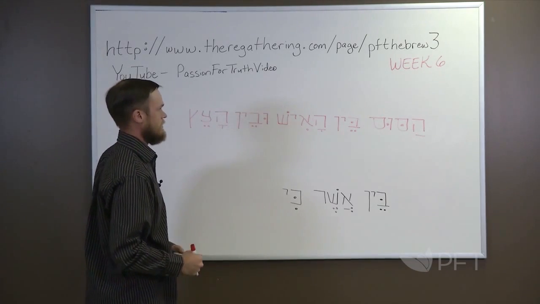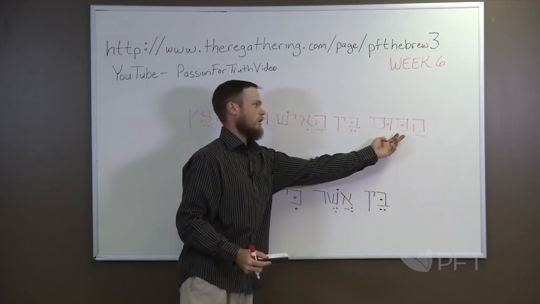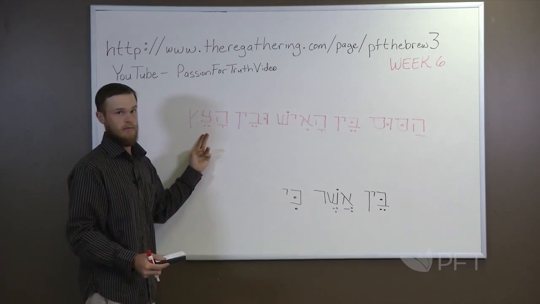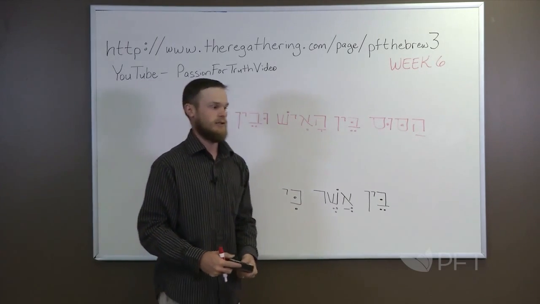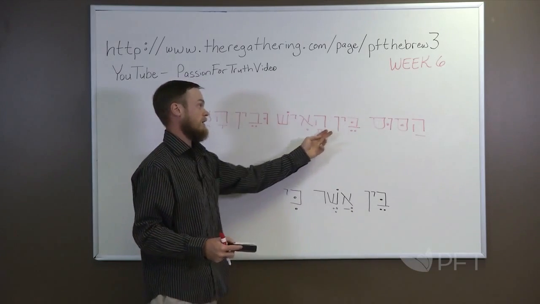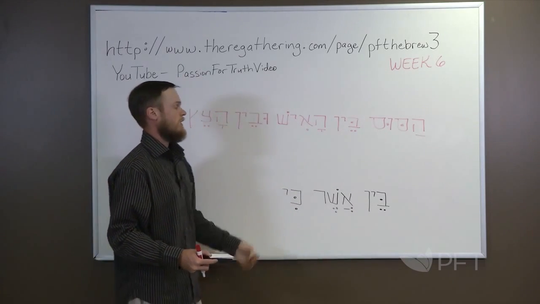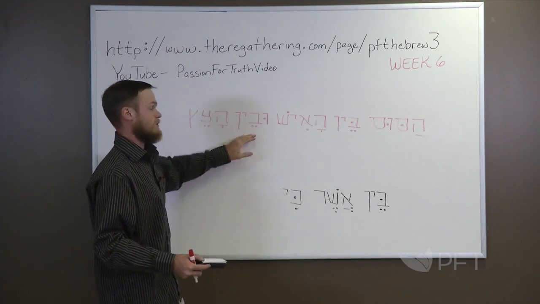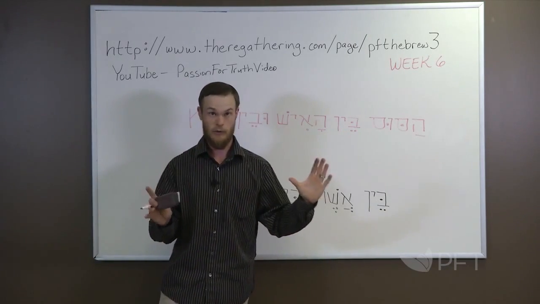So if we were to translate this literally word for word, we'd be saying the horse is between the man and between the tree. But in translation we don't say it that way because we don't say it that way in English. We would say the horse is between the man and the tree. But in Hebrew we have to use bain before each of the items that are defining the boundaries of between.